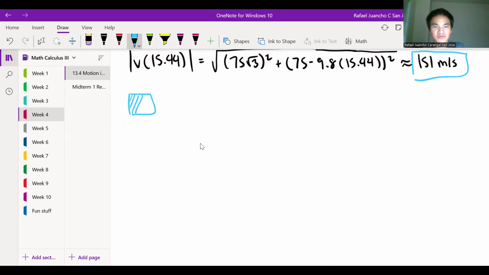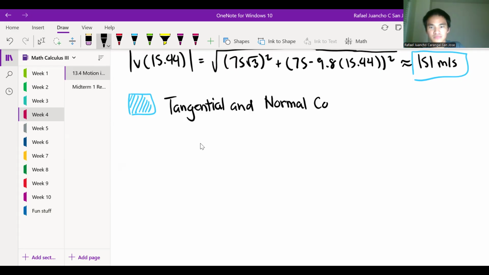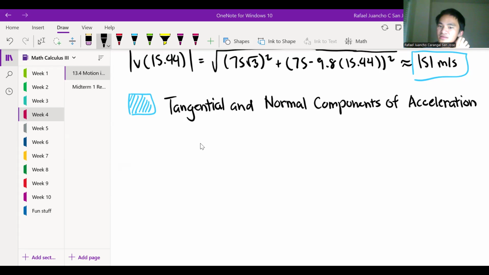So the next thing we're gonna talk about is this idea of tangential and normal components of acceleration. Yeah, so we're gonna talk about that.